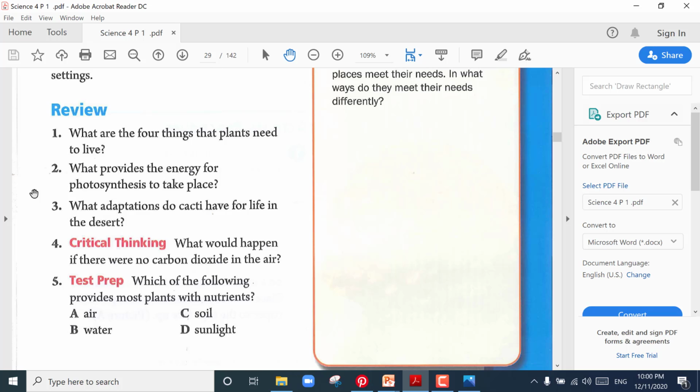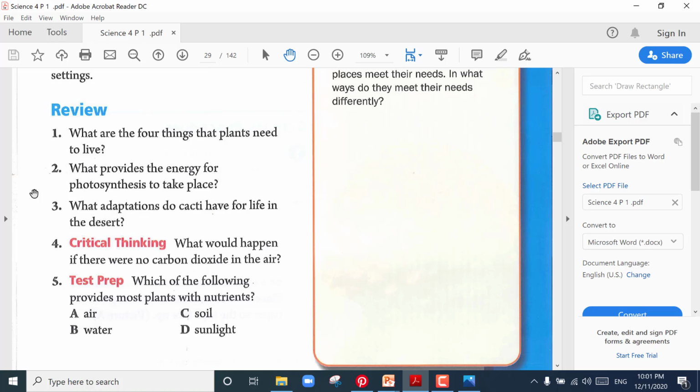They have 2 things to adapt. First one is the root, and second one, the stem. Roots grow near the surface of the ground to absorb the rain and to collect it, and cacti also have a stem to store water.